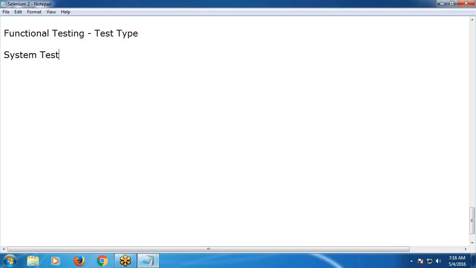Continue, Mrinal. System testing. Same options. Is it SDLC model or test level or test type or test design technique? It is one of the levels of testing. Test level. Okay.